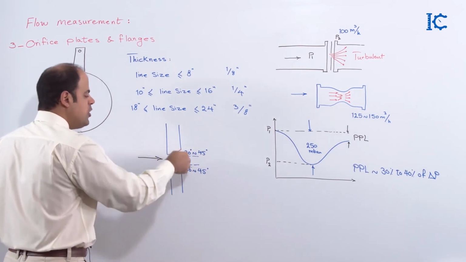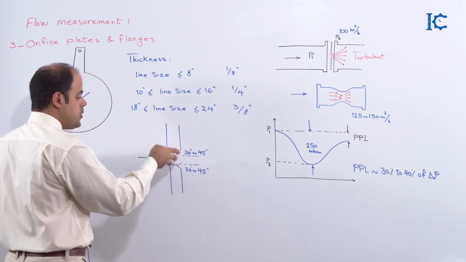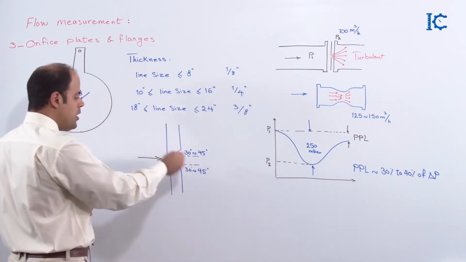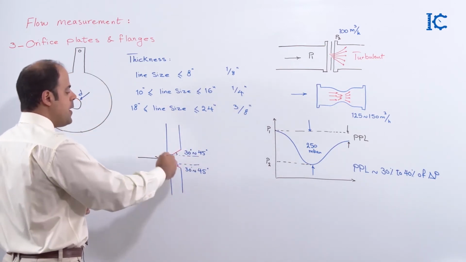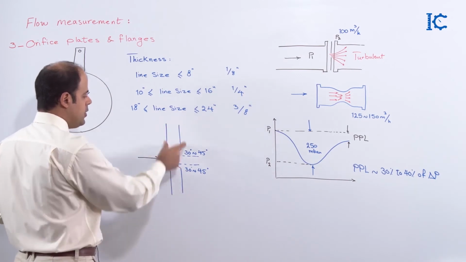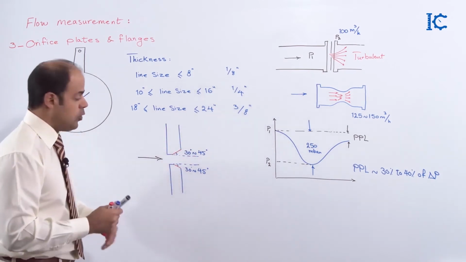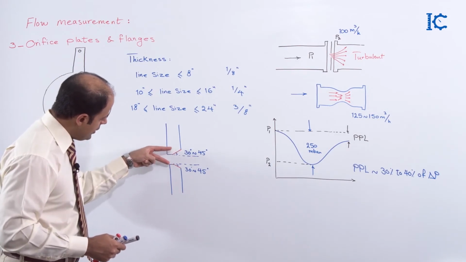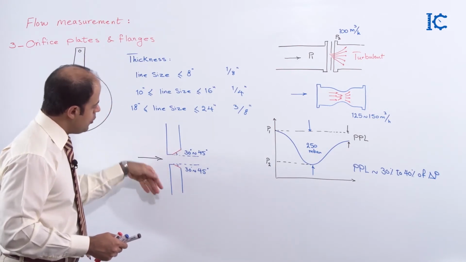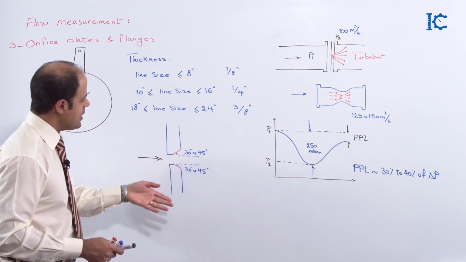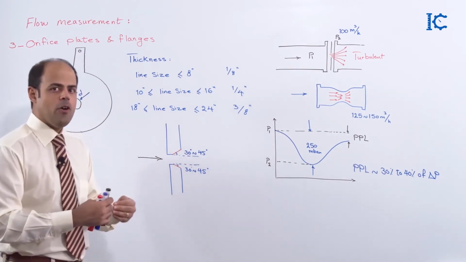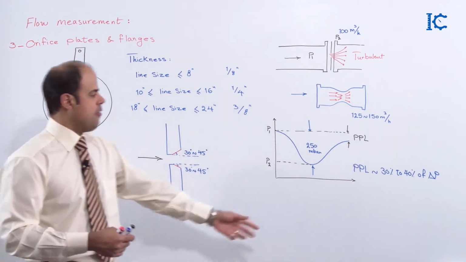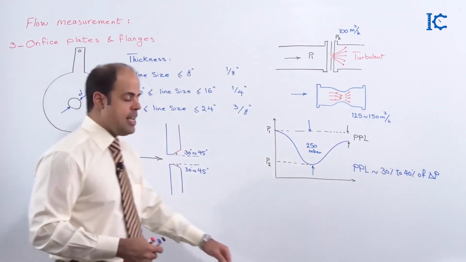This shape gives the fluid the opportunity to recover faster than when it didn't have any funnel shape here. Due to this conic shape, we can expect the pressure recovery to be a little bit better, maybe around 30% of delta P.